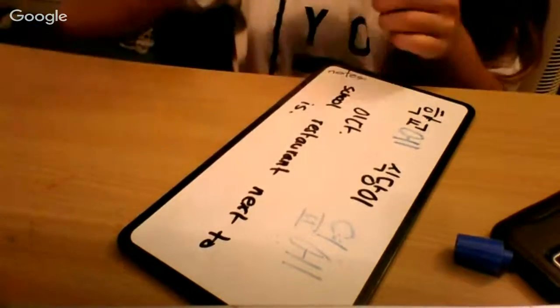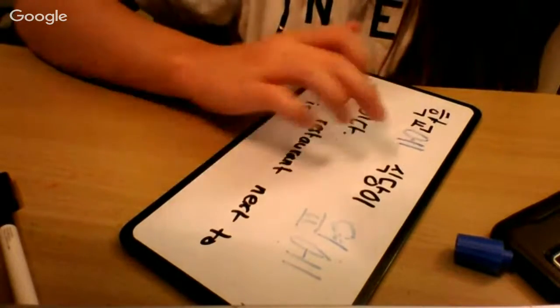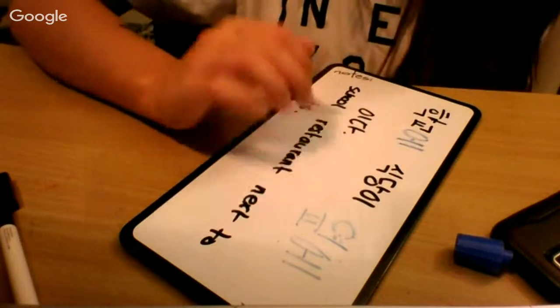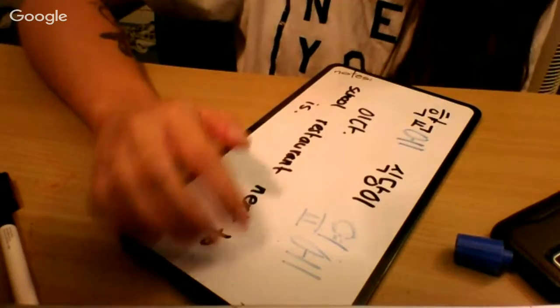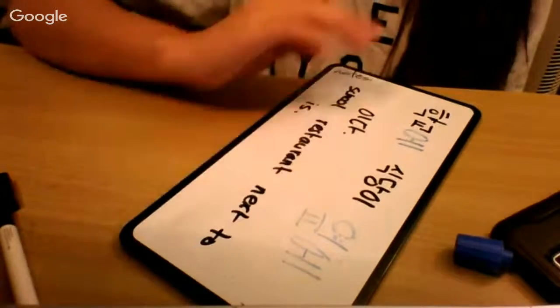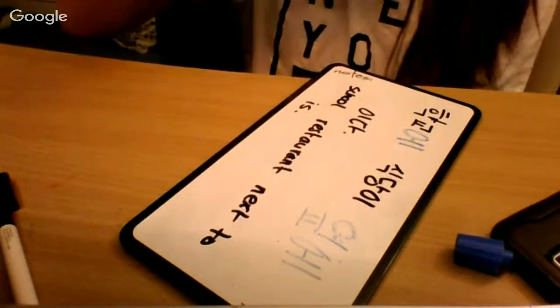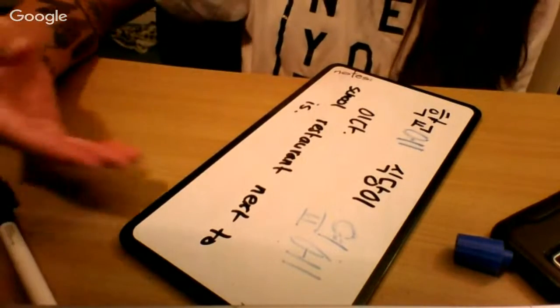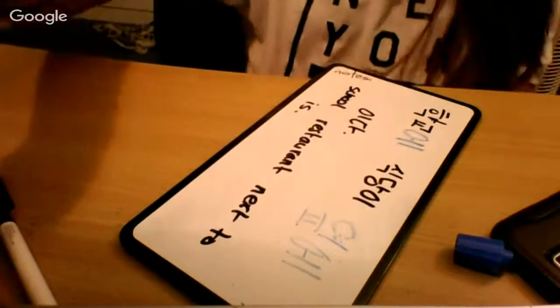So 학교 is school, and then the location marker, 식당이, the restaurant, and then 옆에 is next to, which I covered earlier. And ida means to be. So pretty much school, restaurant, next to, is just like the school is next to the restaurant. Pretty much. Okay.